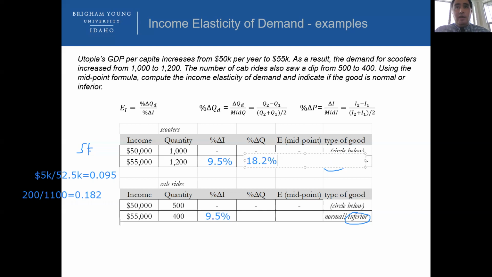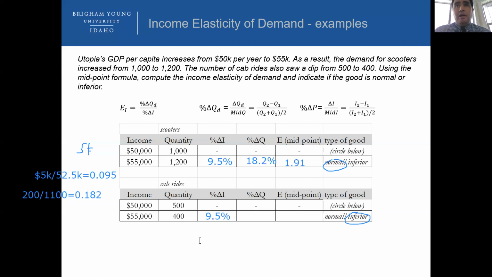And if we do the math here, 18.2% divided by 9.5, that's about 2. Plugging into my calculator, 1.91. And that's a positive value. So if it's a positive value, we know it's a normal good.